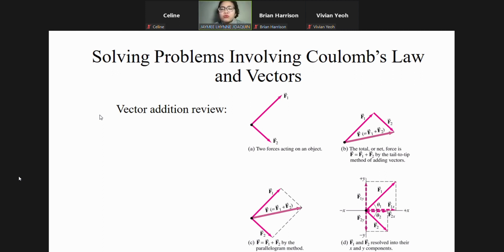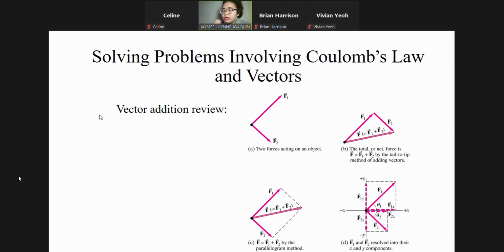So for us to be able to solve for the F net, or the vector addition for this, you need to apply the principle in solving triangles, specifically right triangles.